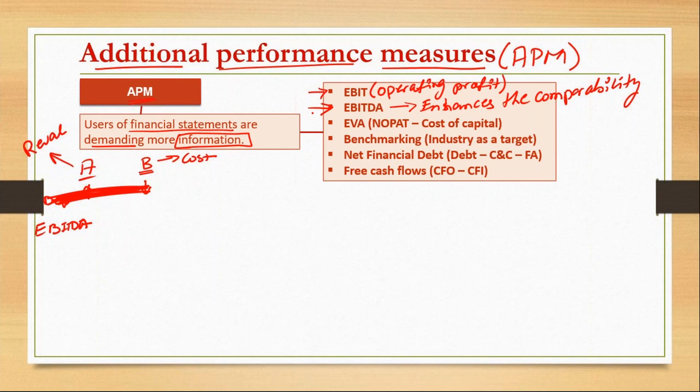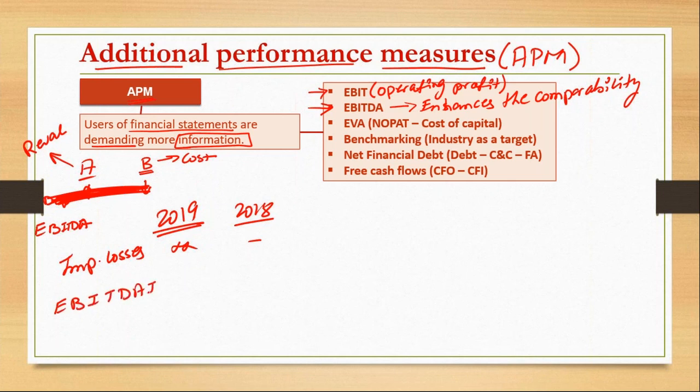Let's suppose during the current year, 2019, the company had some impairment losses which were not there in 2018. Now, if I want to show my performance, I can calculate EBITDA where we are also removing the impact of the impairment, just to see how the performance was in 2019 excluding the impairment loss, because impairment loss is something which was not in our control.